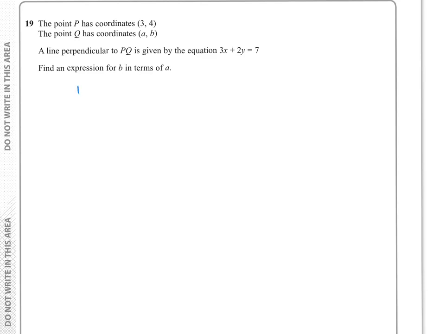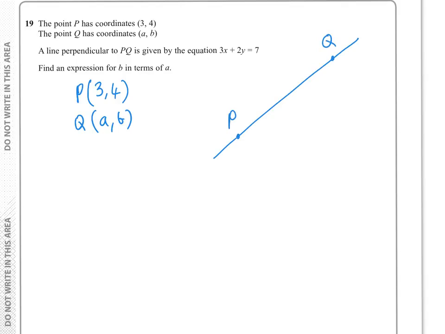Question 19. P has the coordinate 3, 4, and Q has the coordinate a, b. So let's just say this is the line where P and Q lie on. It's saying that a line perpendicular to PQ, i.e. one that is at right angles to it, is given by the equation 3x plus 2y equals 7.